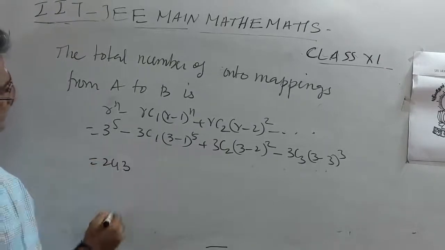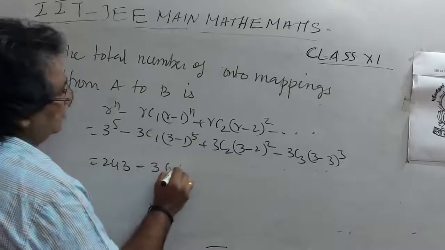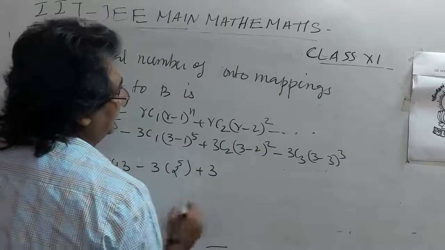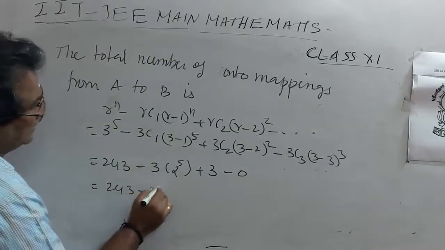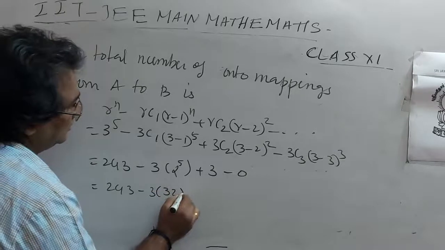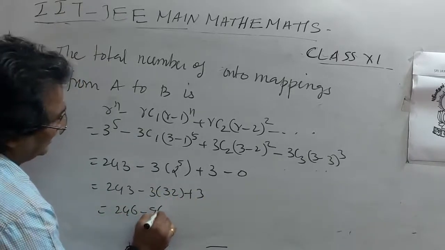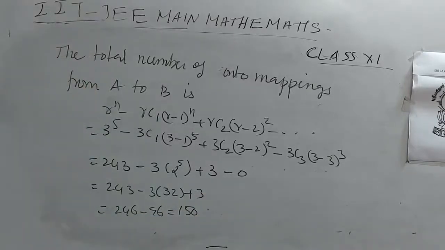That is 243 minus 3 into 2 power 5, 32, plus 3, 246 minus 96, that is 150.